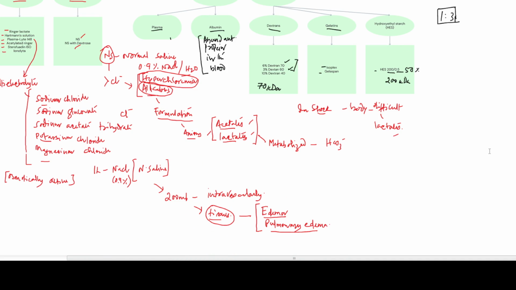Okay, so now let's define the drugs that we have talked about. The colloids. So what is dextran? So let's write it here. Dextrans. They are glucose polymers. So the starting point is glucose.